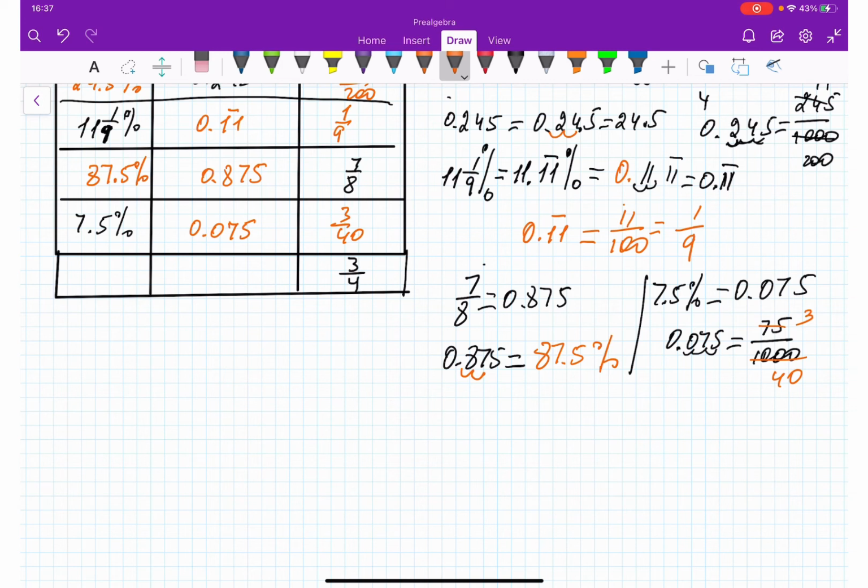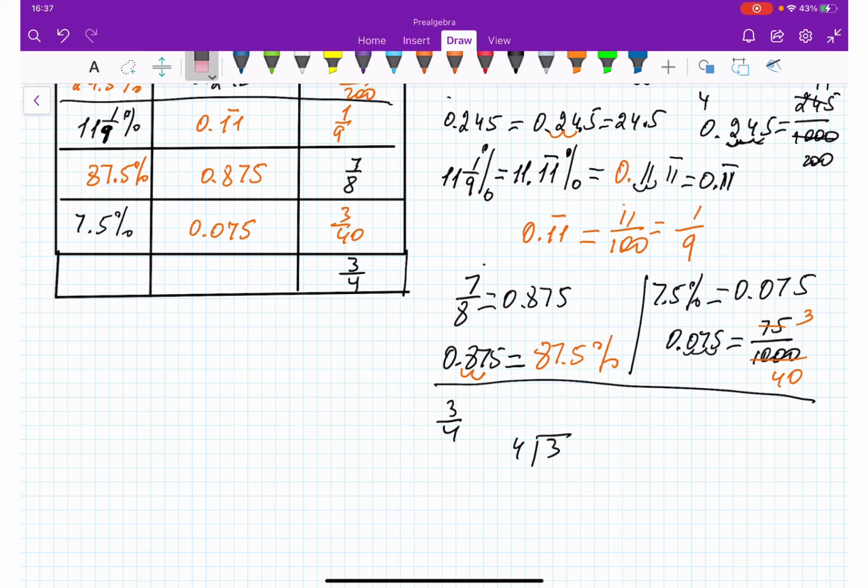And lastly, we have fraction 3/4. We need to get decimal notation and we need to get percentage. So first of all, let's convert 3/4 into percentage, right? 3 divided by 4. It's going to be 0.75. 3/4 is 75%.